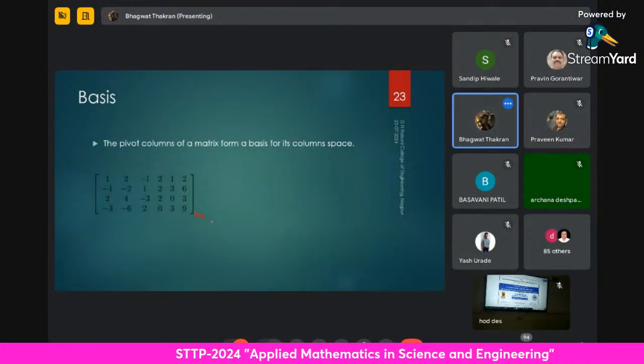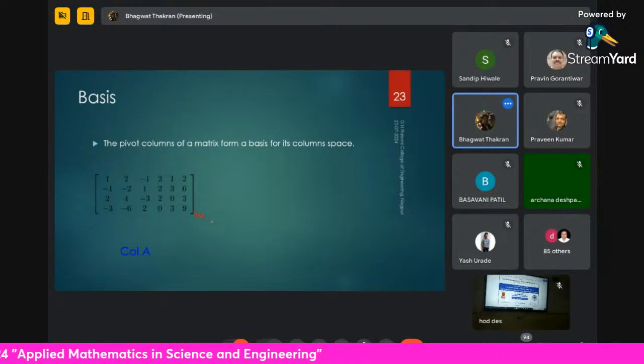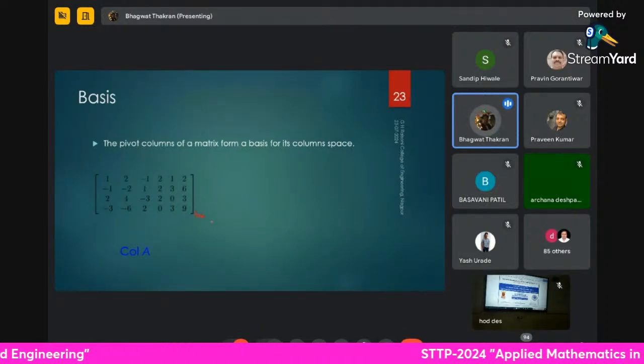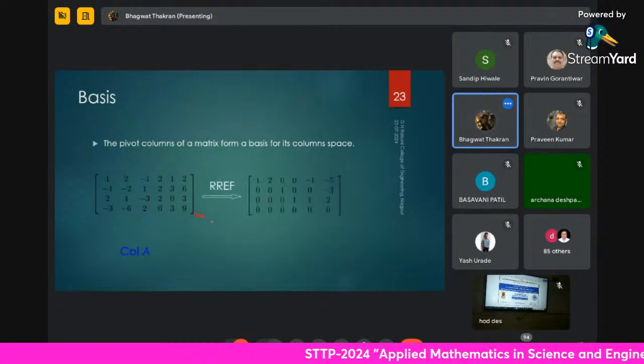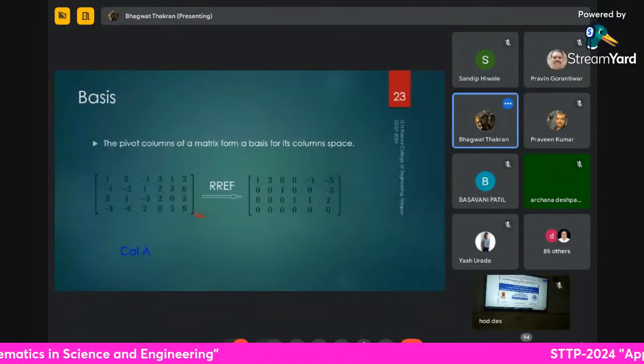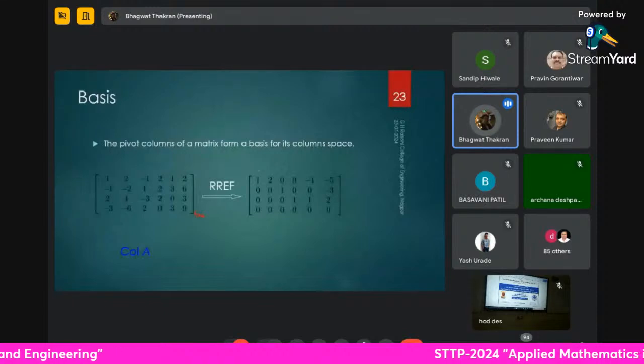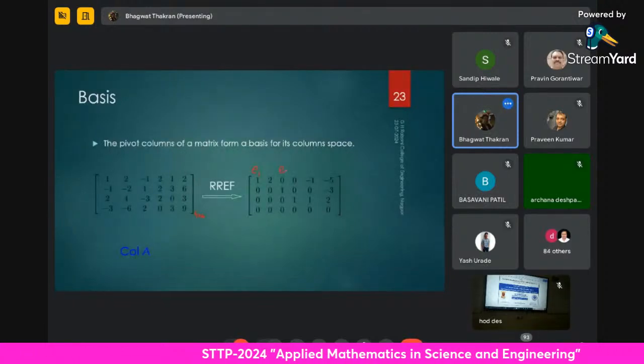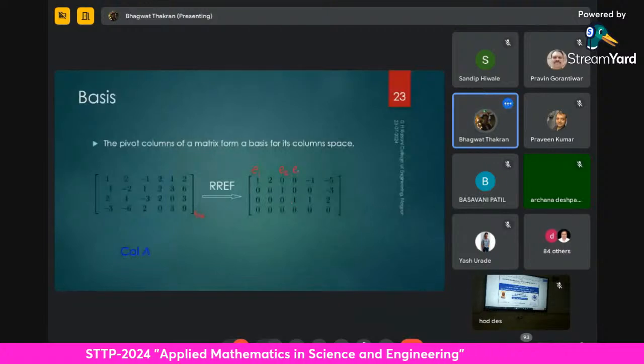What I will do is take the columns of matrix A and apply row reduced echelon form. The moment we apply it, it is easily visible that this is my e1, this is my e2, and this is my e3, the standard vectors.